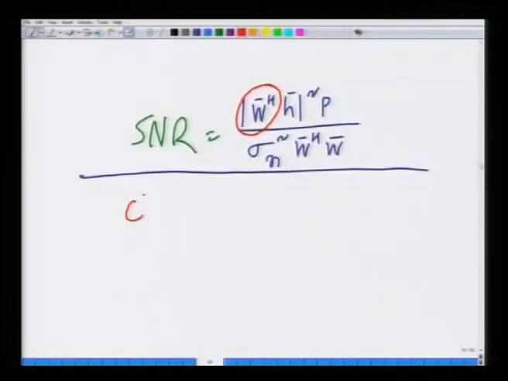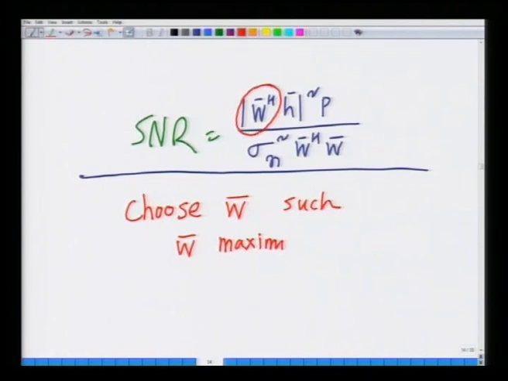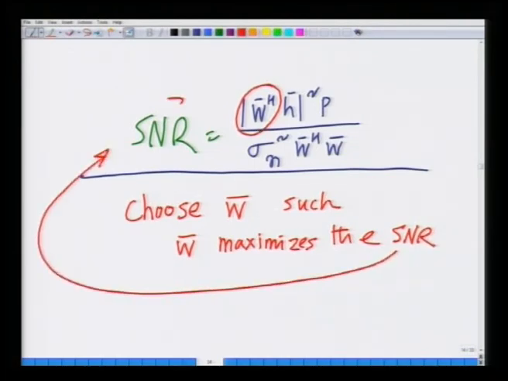So, my strategy is to choose W bar such that W bar maximizes the SNR at the output of the receive beamformer.